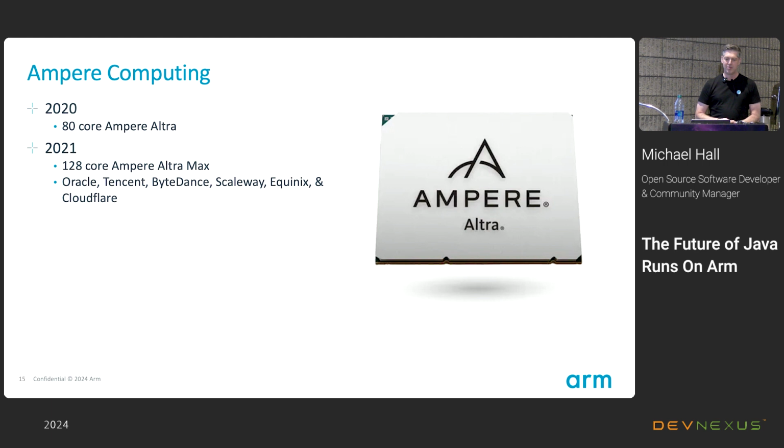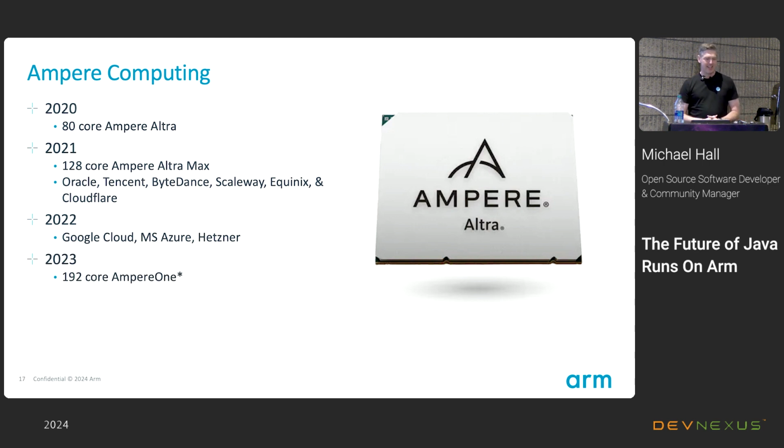It also started to be used in Tencent and ByteDance over in China, Scaleway, Equinix in their data centers where you can get bare metal access to these chips, and Cloudflare as well. And then in 2022, they were adopted by Google Cloud and Microsoft Azure, and also Hetzner over in Europe. So 3 of the 4 big cloud providers here in the US, Oracle, Google, and Microsoft, all running Ampere chips.